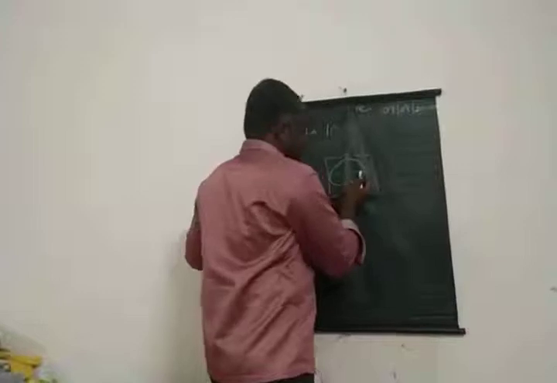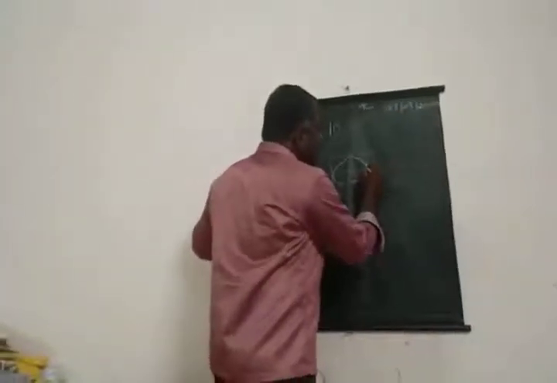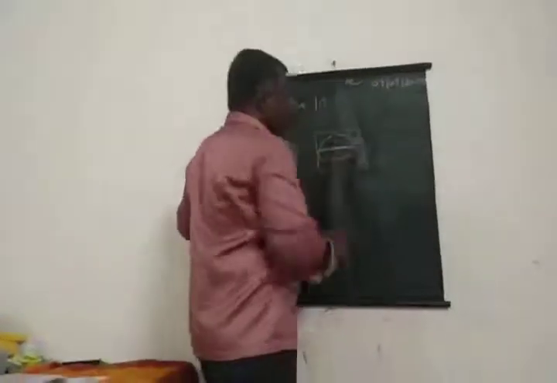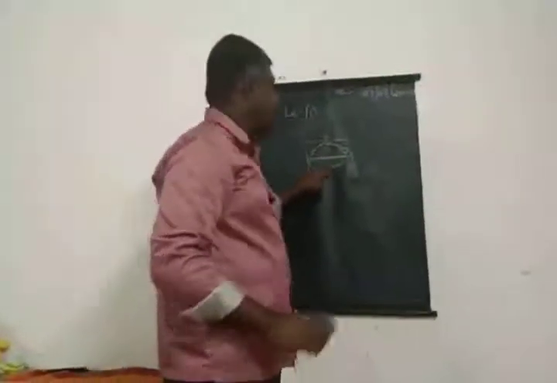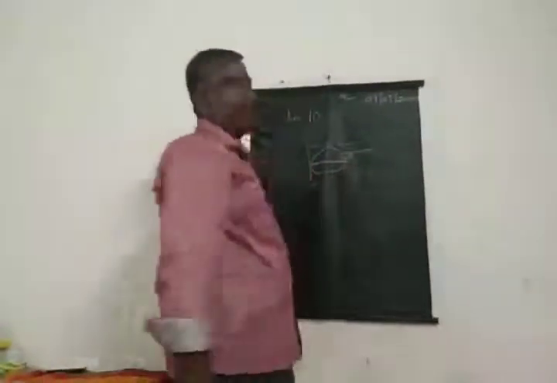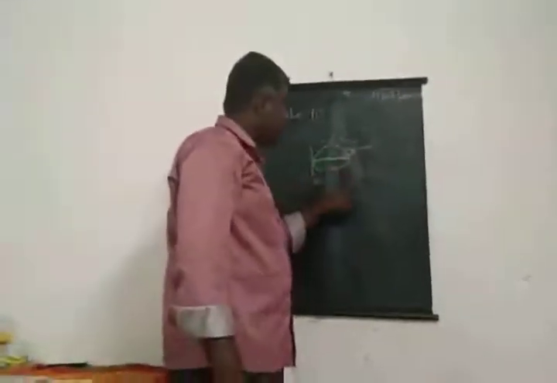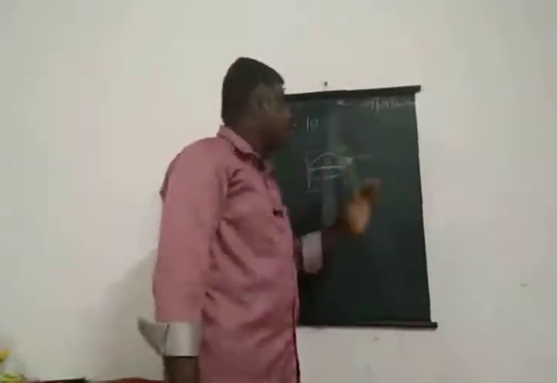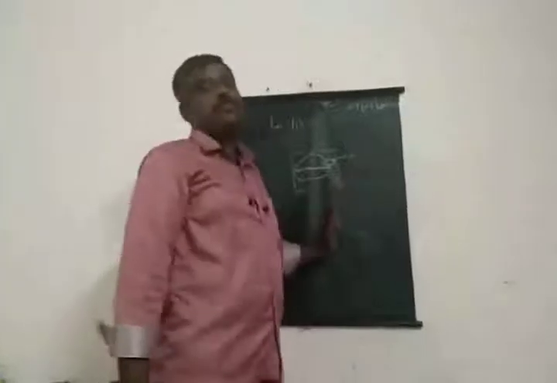Suppose it is the thickness. Okay, we have to find this thickness. The entire diameter we find with the help of the vernier caliper. The thickness we find with the help of the screw gauge. Did you understand the difference between screw gauge and vernier caliper? Where we use the vernier caliper and where we use the screw gauge.